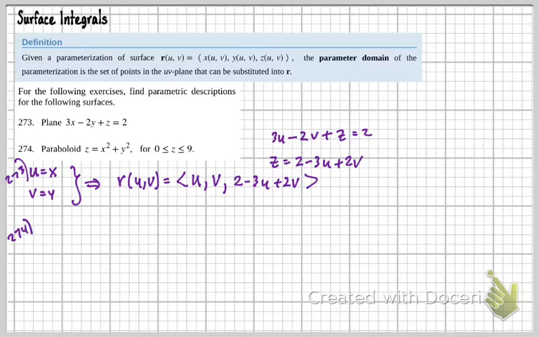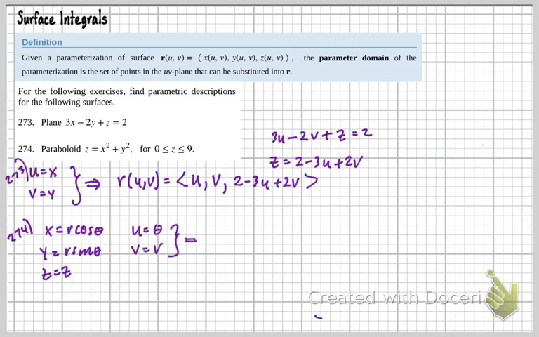So if you think about the parameters for cylindrical, it's x equals r cos theta, y equals r sine theta, and z equals z. And what we're going to do here is we're just going to do this same thing here. So I can let my u equal theta and my v equal r.